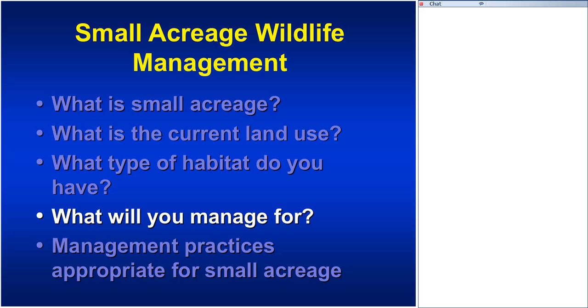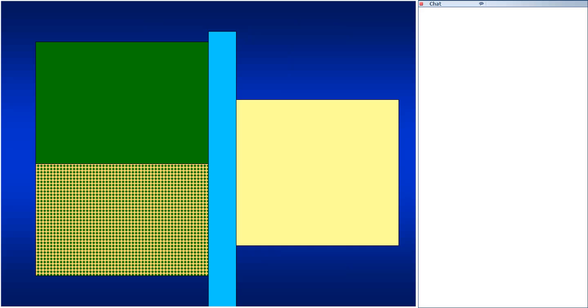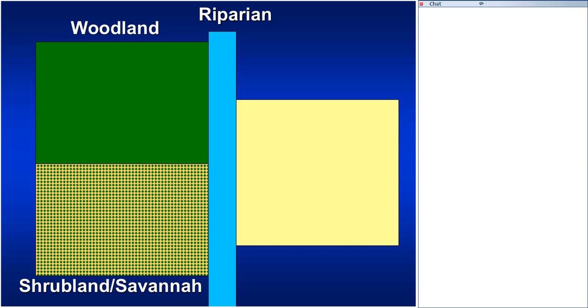So let's look at the different types of habitat and how birds might relate to this. In this diagram I've got here, we have woodlands represented by the green area, this patchy area down here we're going to call shrubland or savanna, and that blue line up through the middle is going to be our riparian habitat.